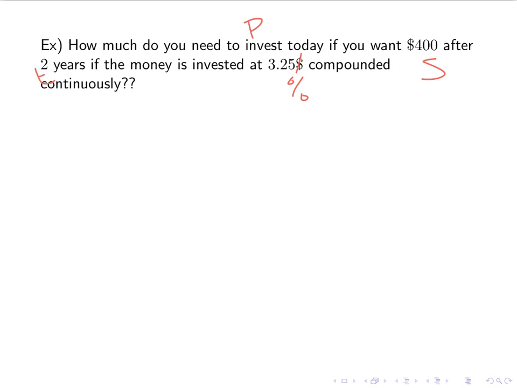After 2 years, that's T. My R is 0.0325. Again, move the decimal twice. Compounded continuously means we're going to be using E. So again, we've got this negative exponent here because we know S and we're looking for P. And if you do it correctly, you should be getting $372.96. Again, P has to be less than S.